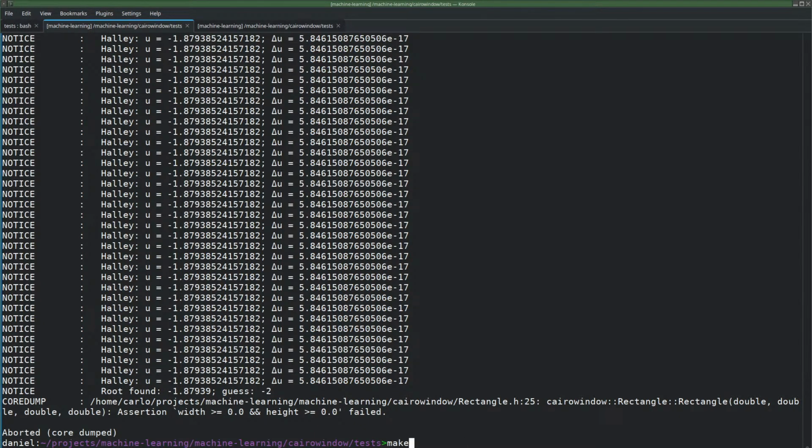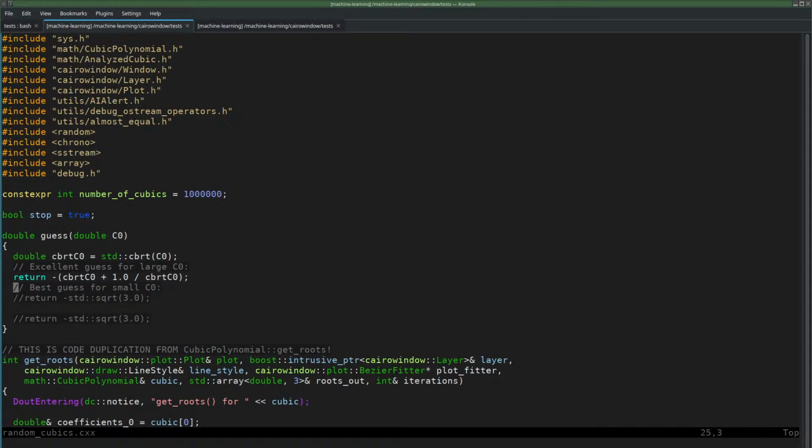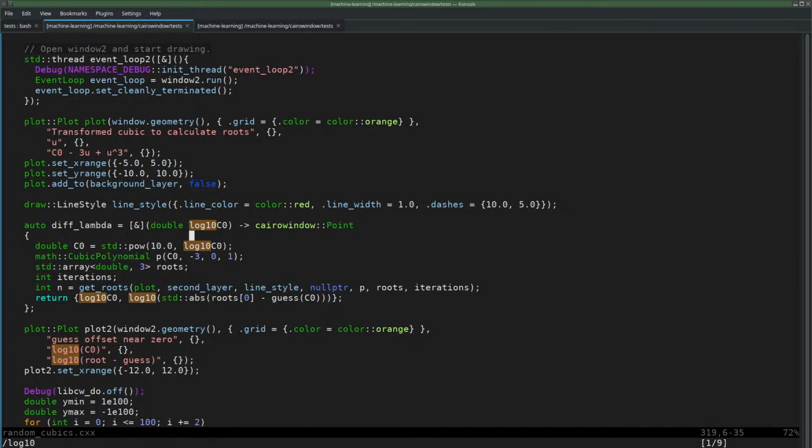I'm already taking the absolute value of this. So this would go wrong if this is 0 at most.